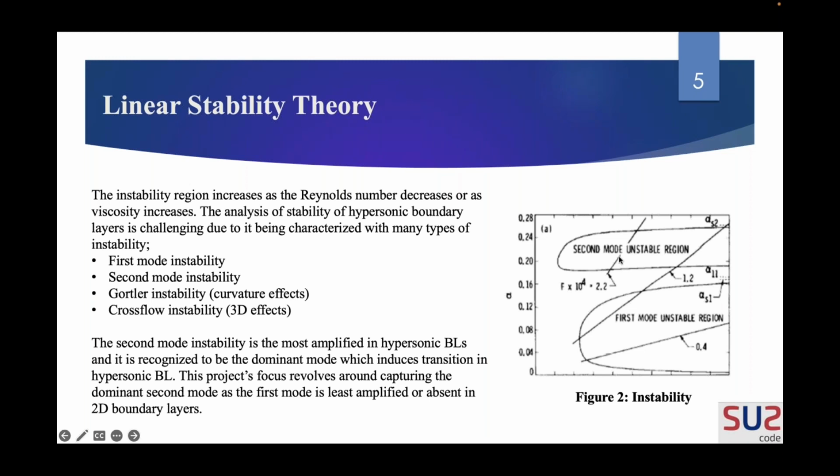But in the third case, we observe only the second mode instability. For our project, we'll observe the first mode instability and then the second mode instability comes into the picture. So the first mode instability disturbances continue to exist, on top of which the second mode instability comes into the picture. Here, the second mode instability is considered to be the dominant one because it's the most amplified mode when compared to the first mode.